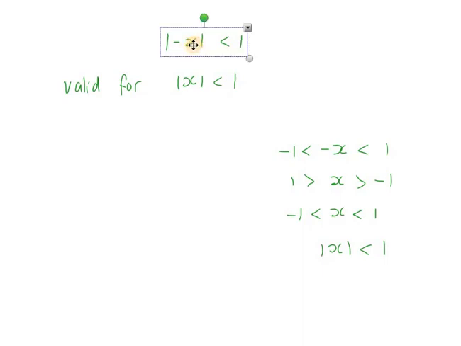I'm starting off with this, and whatever you see here right in the middle is between -1 and +1, so I've multiplied by -1 throughout. We have inequalities, so multiplying by a negative number you have to reverse the direction of the inequalities. Now this is correct mathematically, but it's better written in this form, and that is saying that the magnitude of x is less than 1.